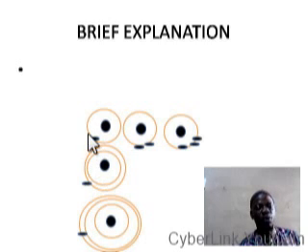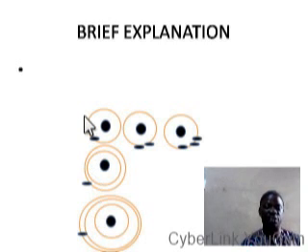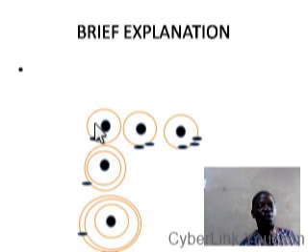But there will be a difference, because when we go from the top of the table to the next element, we move to the next period. If this is period 1, this will be period 2, and this will be period 3. So they have different numbers of electron shells. So within a group, the radius of this one is smaller than that of this one, and the radius of this one is smaller than this one. It means atomic radius increases down the group. This is how we come about the trend.